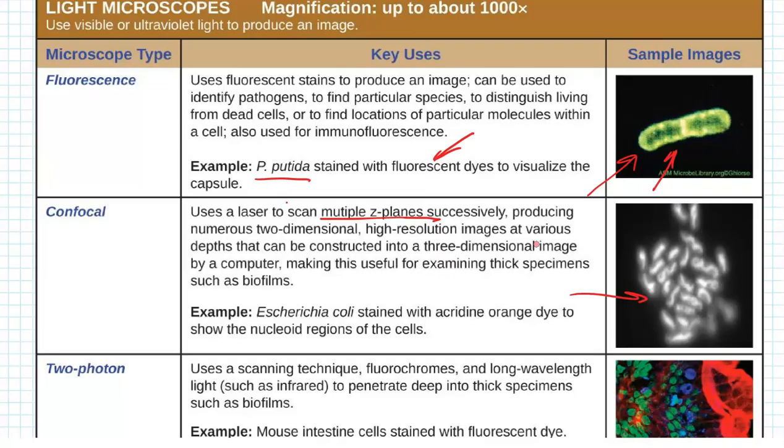And then special software combines those slices to produce a three-dimensional image of your specimen. Does it make sense? It is effectively tomography. So multiple shots in multiple different focal planes to produce a three-dimensional image.